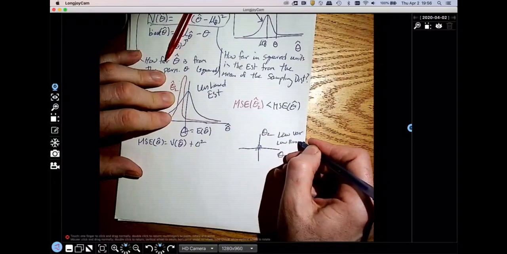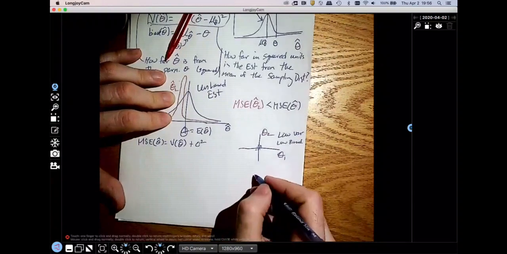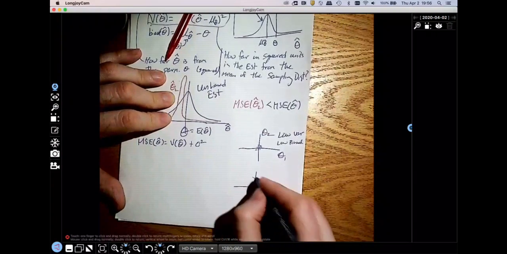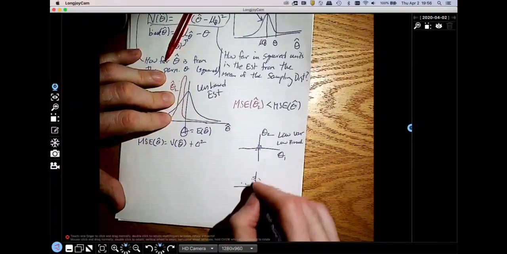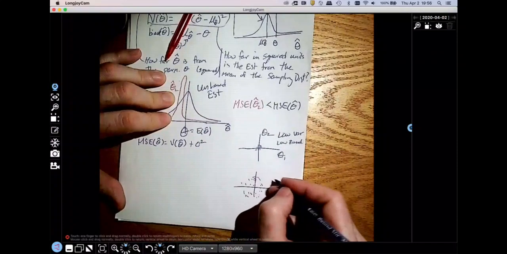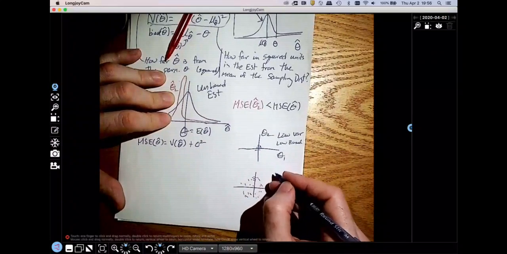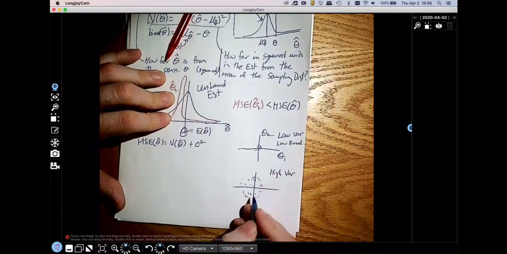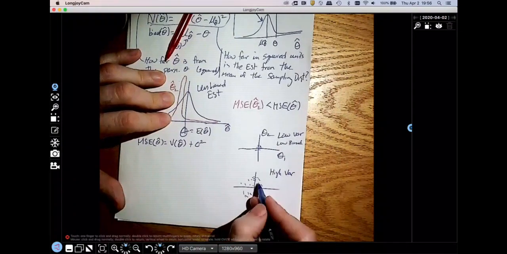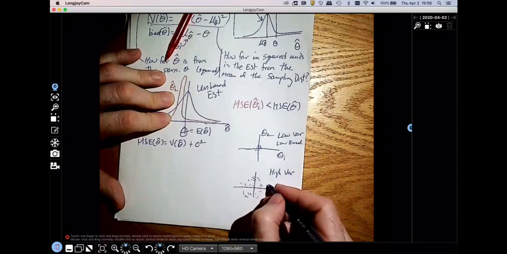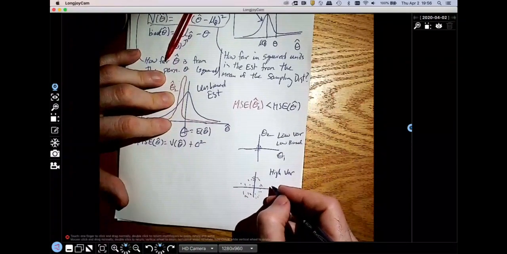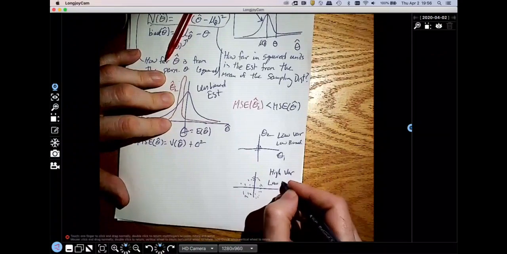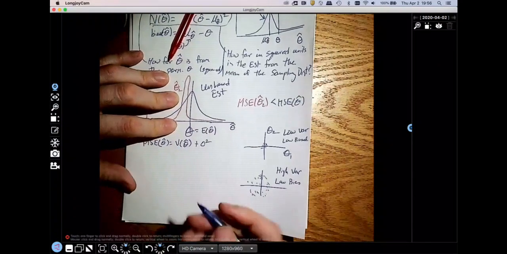In fact, it's probably unbiased the way I drew it, versus a picture that looks like this if we have the exact same units. And we would say this is high variance. So if you think about this as a target, we're all over the place, but on the average we hit the bullseye. So this would be low bias, but high variance.